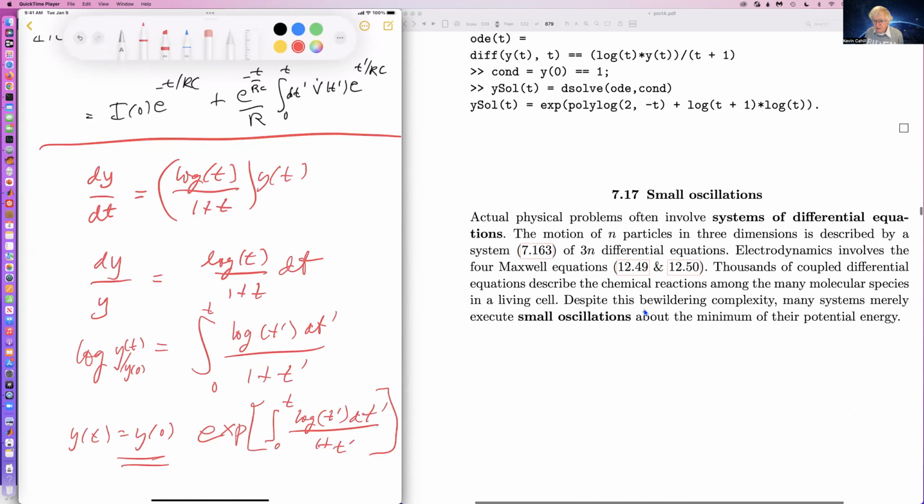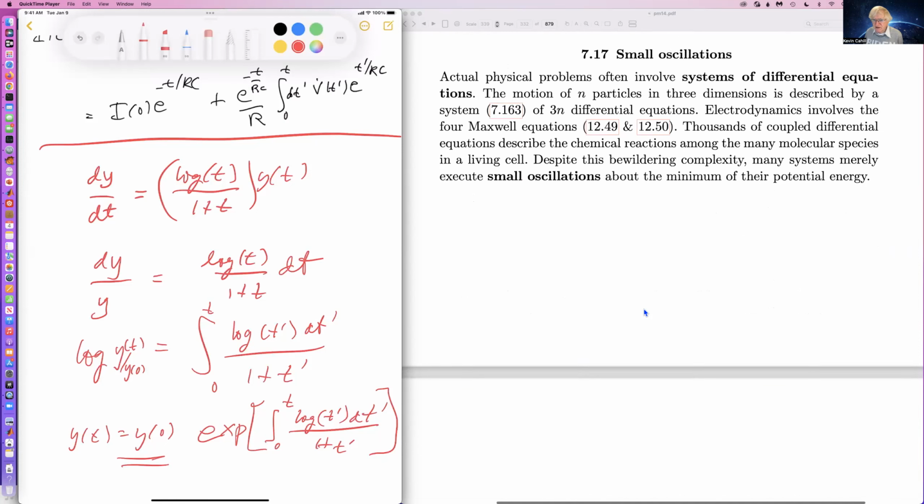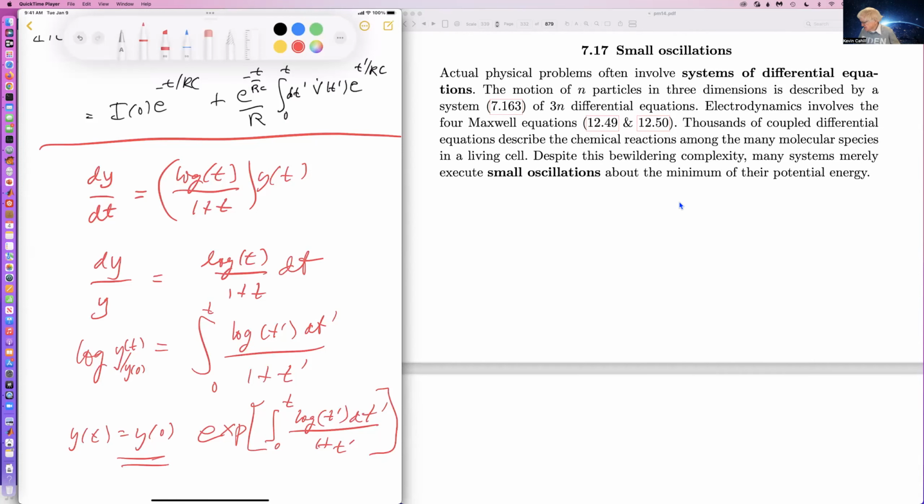So the next topic here is small oscillations, and normally, if you can imagine the world classically or quantum mechanically, you have some ground state, and you can then have infinitely many excited states.